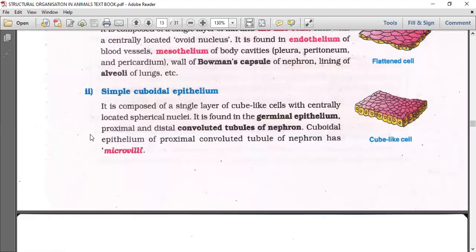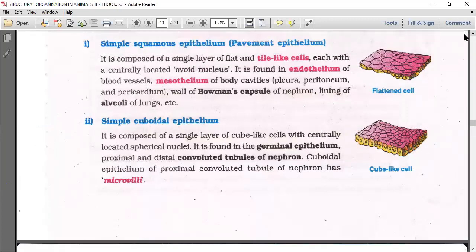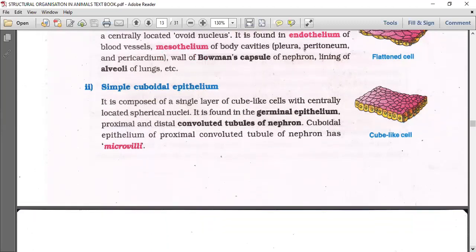Structure and example. So let's see the structure in case of simple squamous epithelium: the cells are arranged flat and tile-like, with a centrally located ovoid nucleus. Simple cuboidal: a single layer of cube-like cells with centrally located spherical nuclei.